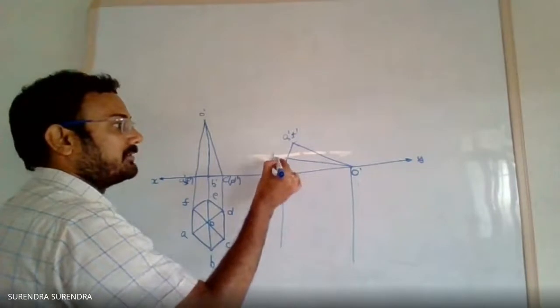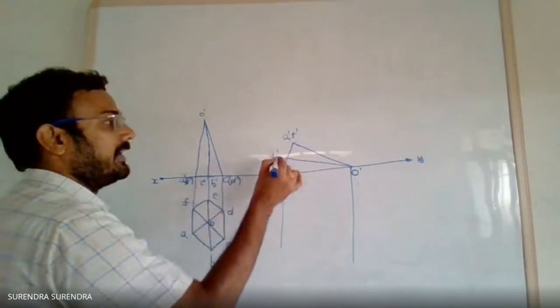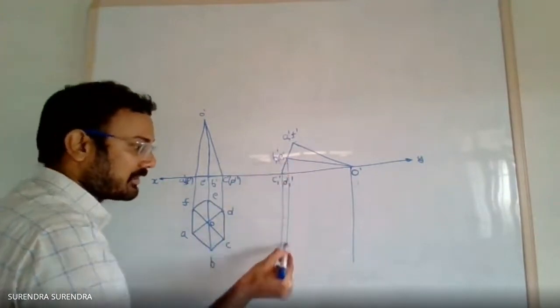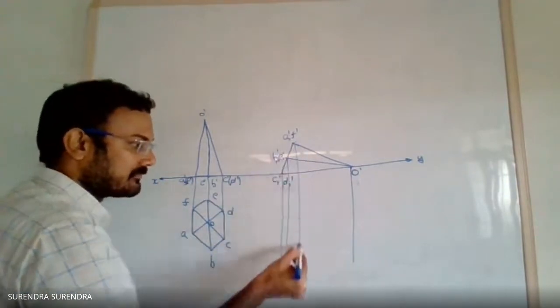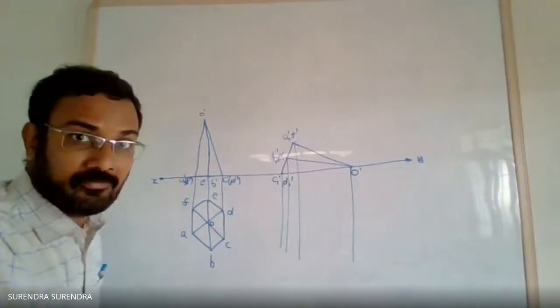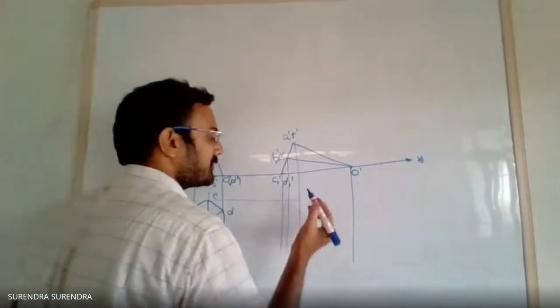So this is the point B and B dash, E dash. Draw the projections from each and every point, from the front view, and parallel lines to the XY line from the previous top view.